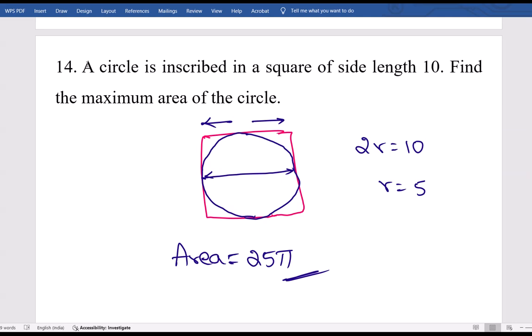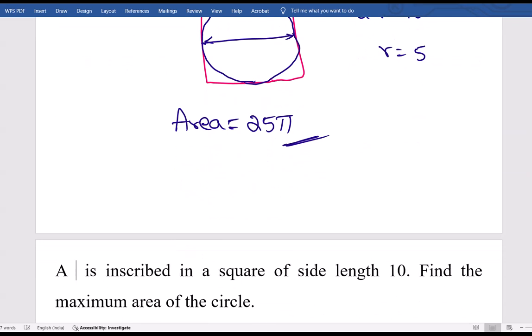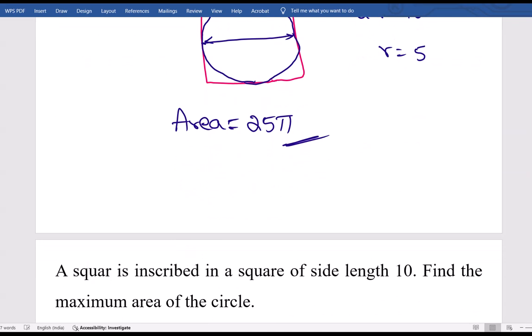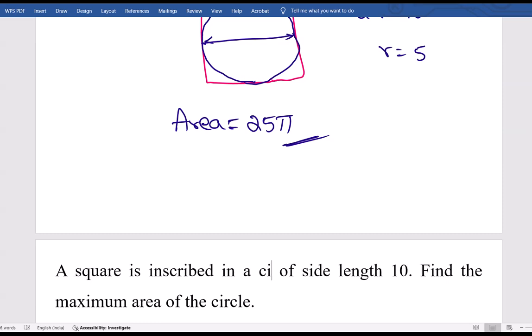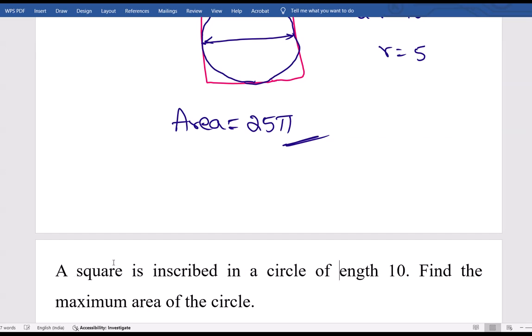Now, same thing I'm recommending to you people, if the question is like square inscribed in a circle. A square is inscribed in a circle of radius 10 centimeters.